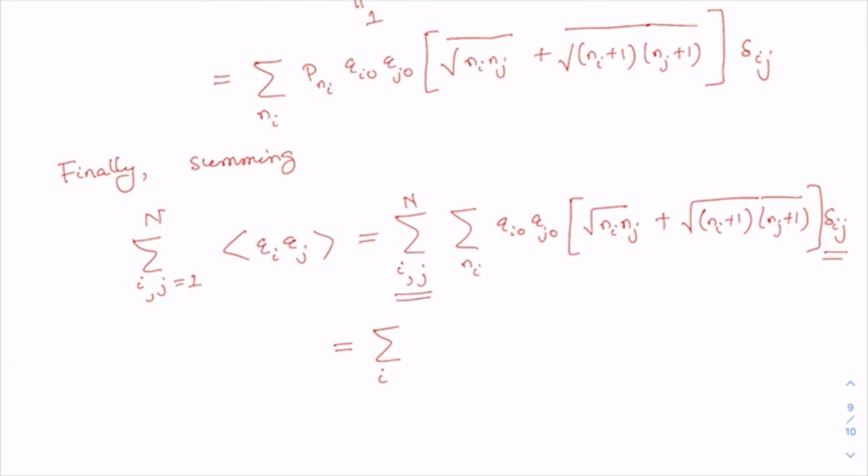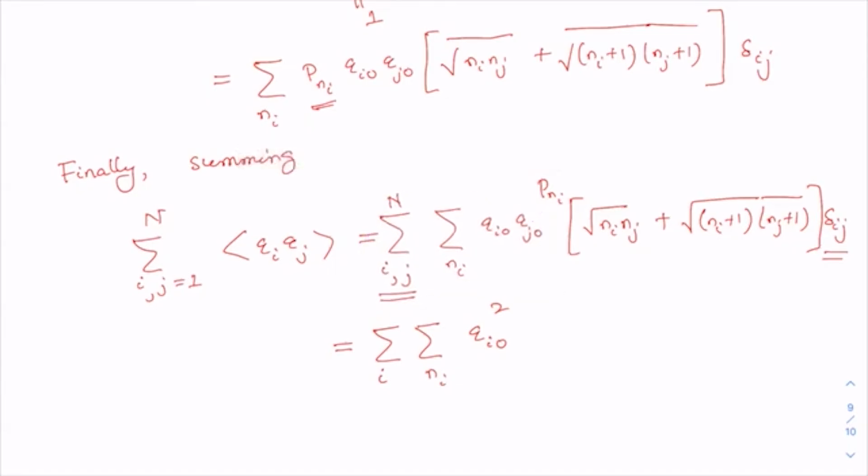Now we are having one summation over ni variables, and then qi0 square, and I think I missed this term here, that is pni has to be also there. So let me put it here.